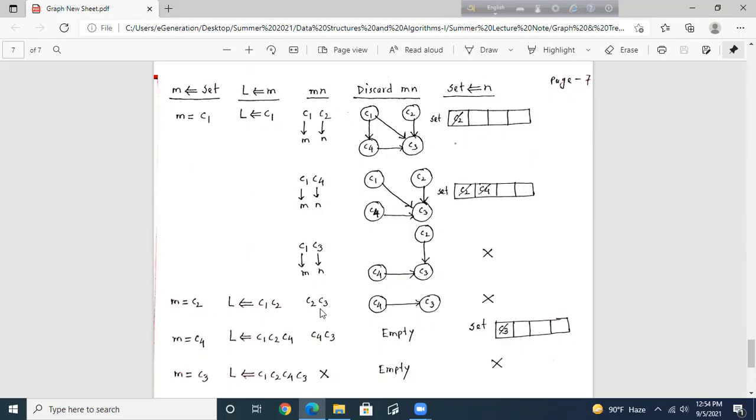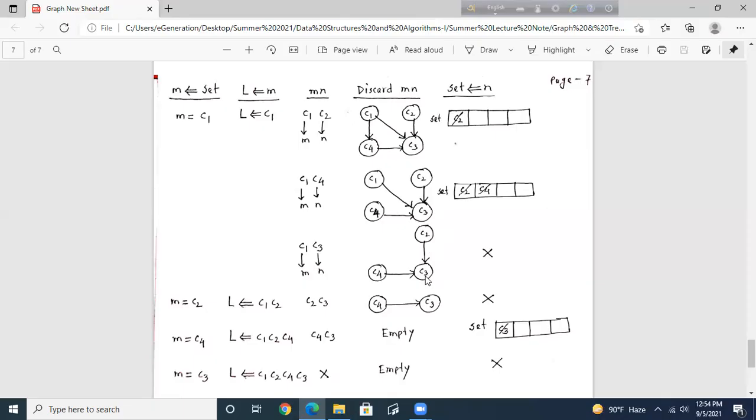Now dear student, you have to check from C2 where you can go. My M value is C2. So from C2 to C3 I can go.